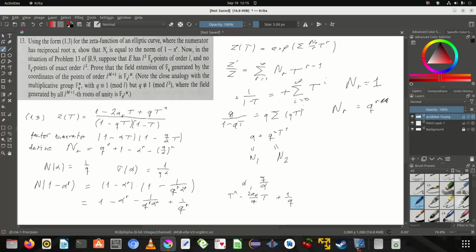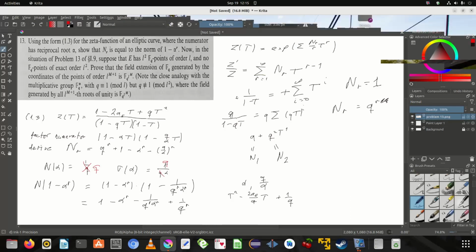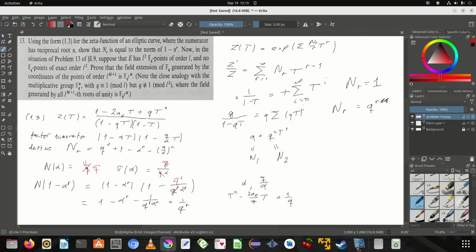And that means that it comes q up here, q to the rth up here, q to the rth up here, and plus q to the rth. And then we end up with the right formula.